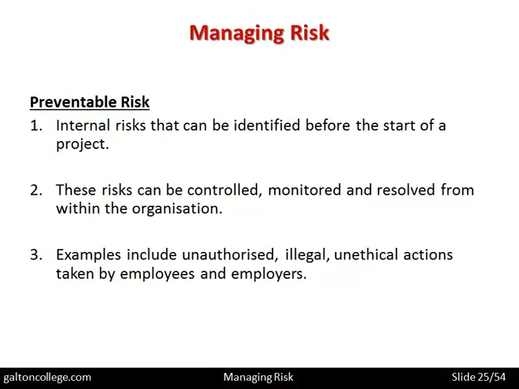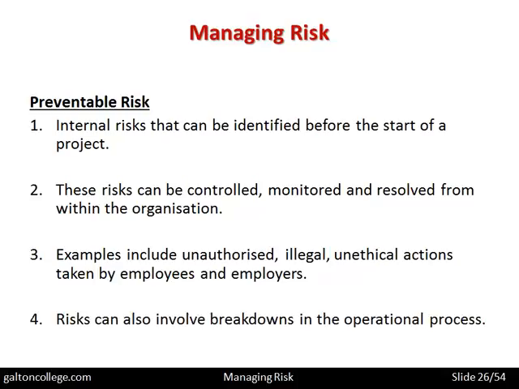And not only damage to the organization, there's no damage to innocent bystanders or customers who were affected by shoddy work being sold off and posing a danger perhaps to customers. So these are preventable risks, ones which can be got rid of.